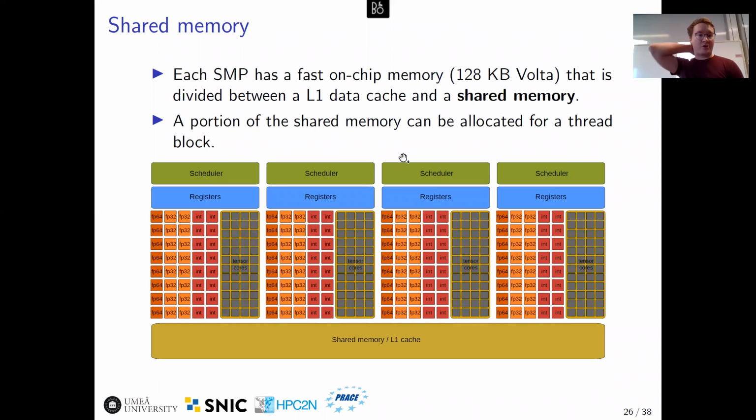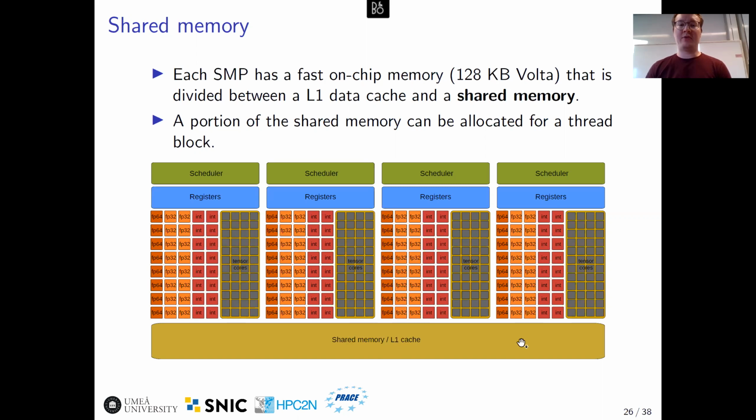Then a couple of words about the shared memory. In the earlier illustration, I showed you that all the processing blocks inside the SM share this shared memory / L1 cache. And in Volta, it is a total of 128 kilobytes, and it is being shared between the shared memory and L1 cache.